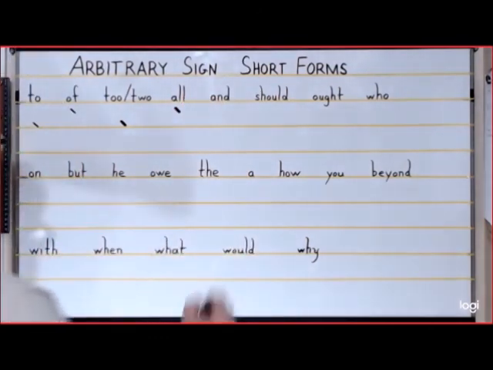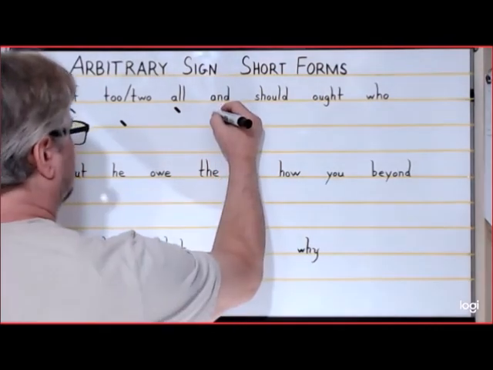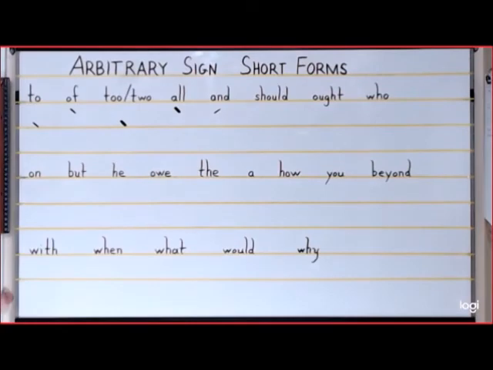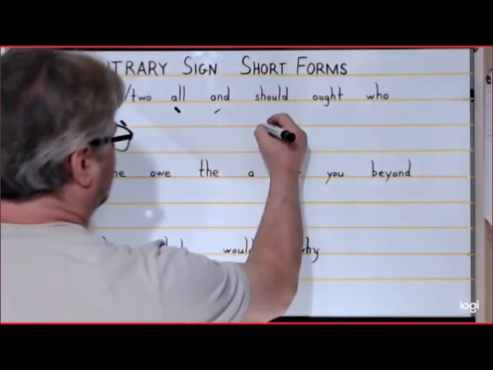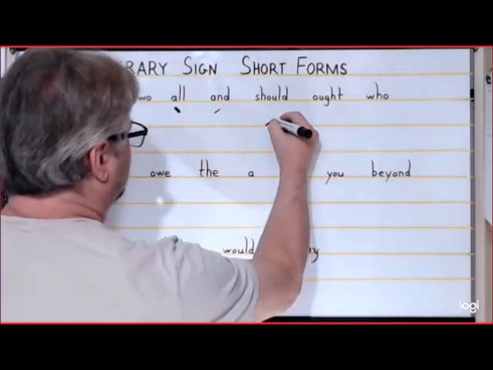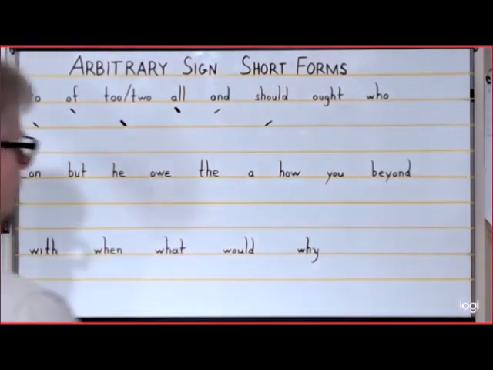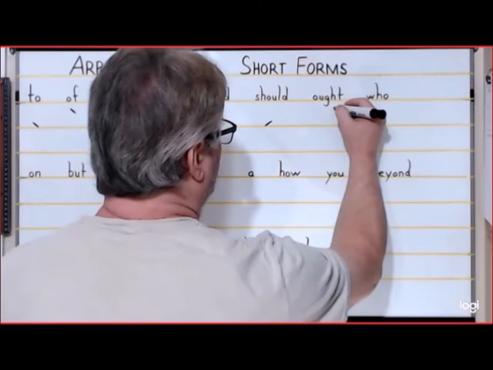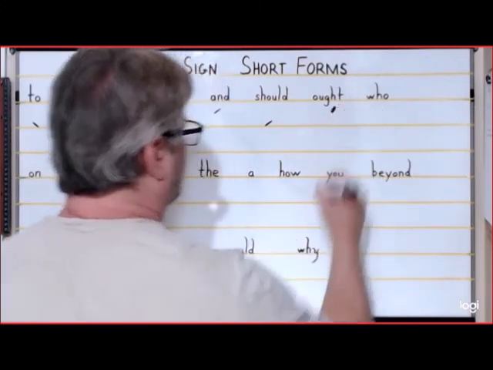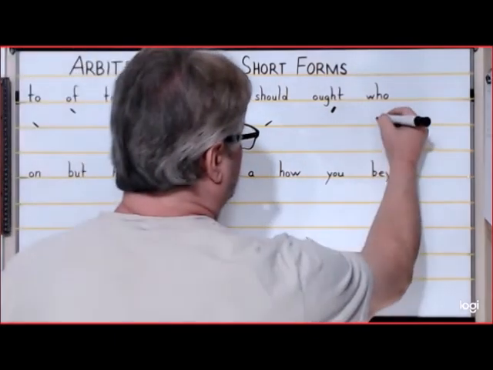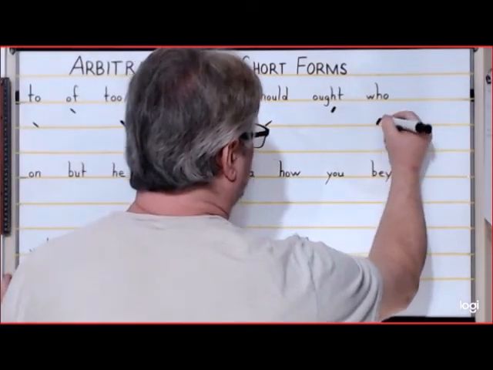And is an upward diagonal tick written above the line, light. And then should is a light upward diagonal tick written on the line. The word ought is a heavy downward 30-degree angle tick above the line. And then who is the same 30-degree angle downward tick but on the line.